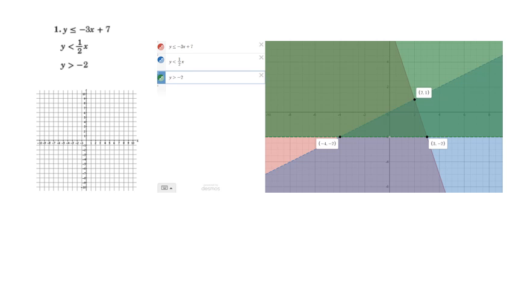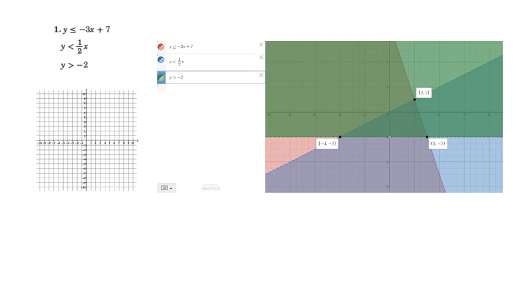This is used for what's called linear programming, which is going to be the next lesson. So we're just going to practice graphing systems of linear inequalities, and finding the vertices of where they intersect. If you look at this one, I have y is less than or equal to negative 3x plus 7, y is less than 1/2 x, and y is greater than negative 2.